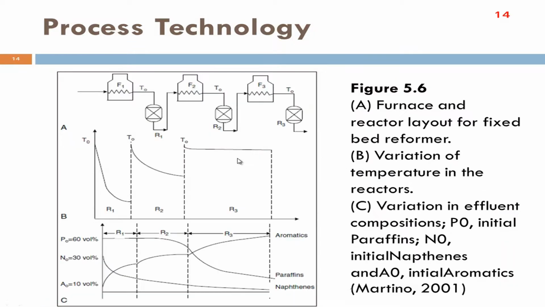We have the second configuration here, heating up before the reactor, heating up before the reactor, and heating up before the reactor. They also tell us about the temperature profile for each reactor as well as the product distribution.